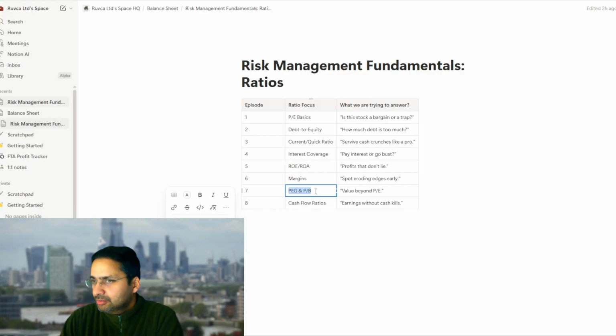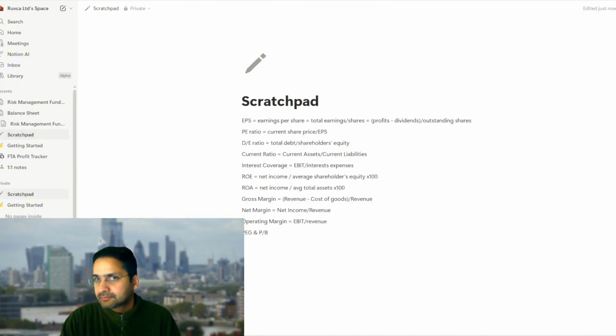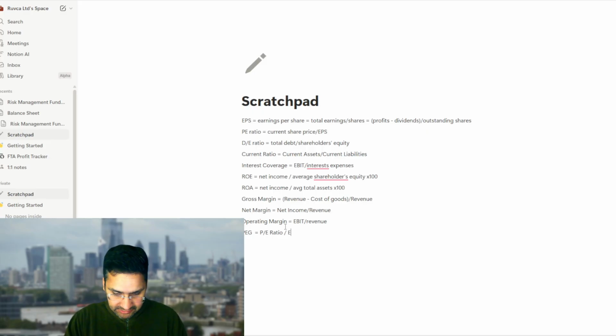Now, moving on to PEG ratio, which is this. PEG ratio is basically the price to earnings ratio divided by expected earnings per share growth rate in percentage.